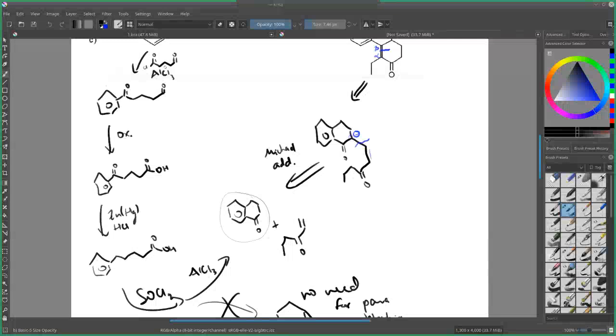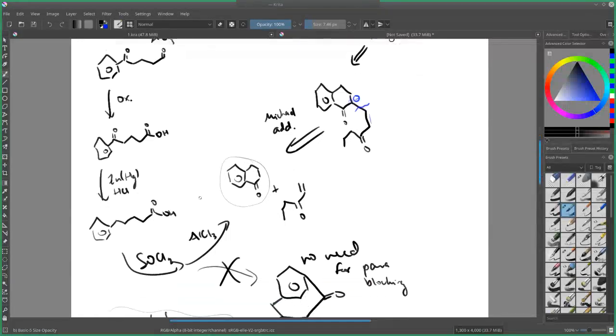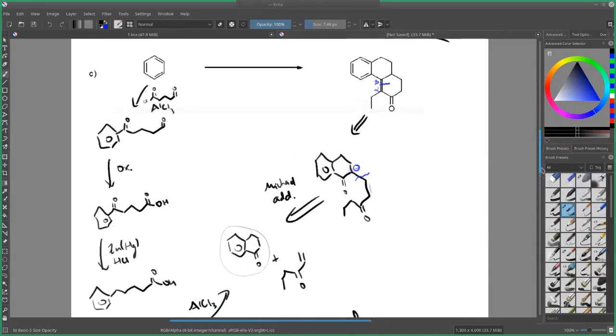You can use this special thing to do Friedel-Crafts, and then from there turn it into an acid, and you do all the same steps. So Clemmensen, turn it into an acid chloride, do Friedel-Crafts acylation onto there, and now you have this thing which turned out to be surprisingly hard to get, and now you can do a Michael addition and go to town with your Robinson annulation.